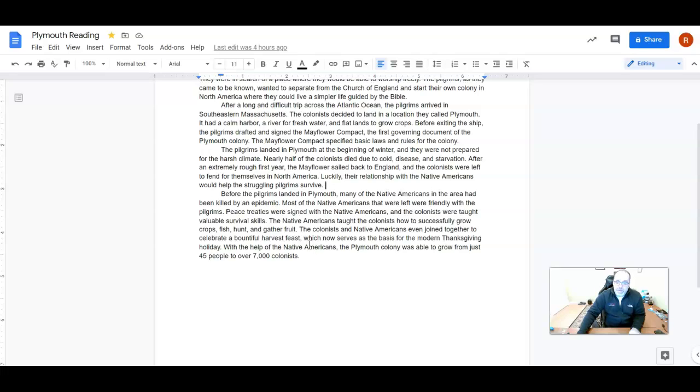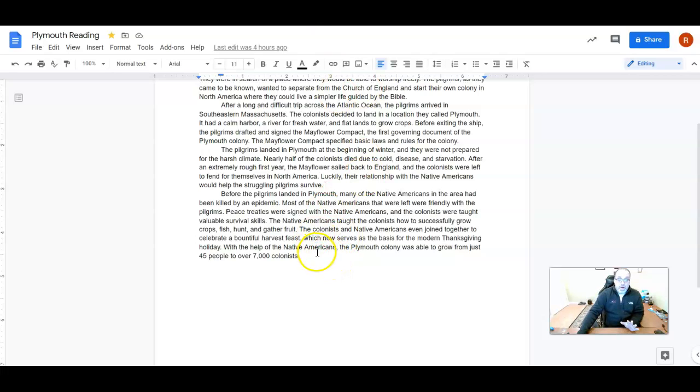The colonists and Native Americans even joined together to celebrate a bountiful harvest feast, which now serves as the basis for the modern Thanksgiving holiday. With the help of Native Americans, the Plymouth colony was able to grow from just 45 people to over 7,000 colonists.